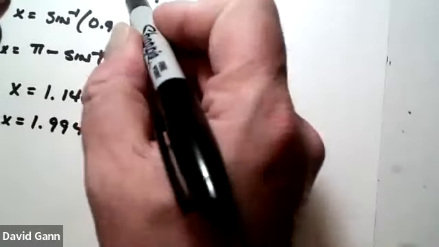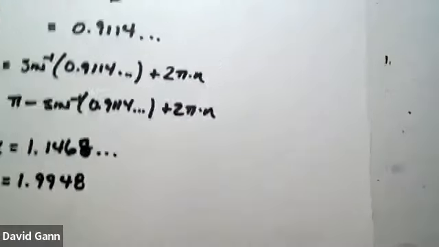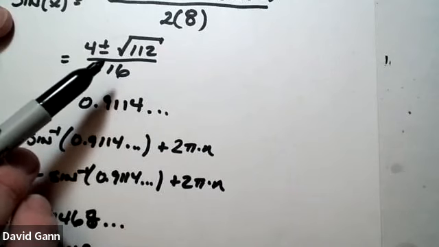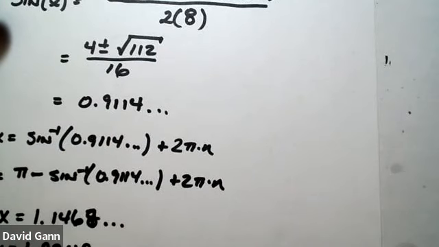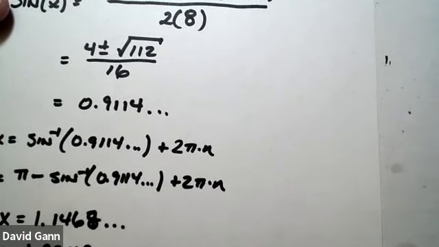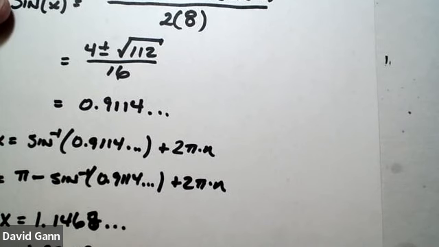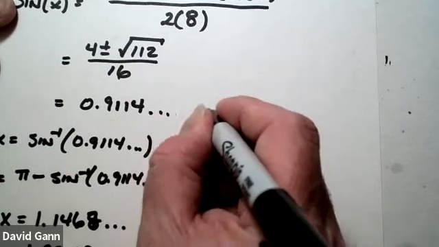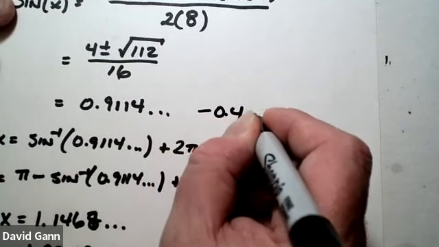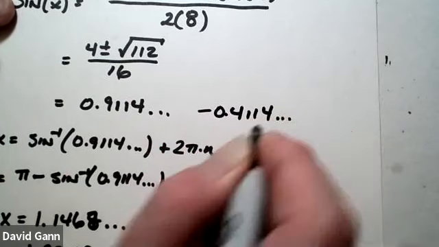Now, I also said there was another answer, and that's from the minus branch. So 4 minus the square root of 112, divided by 16, is going to be negative 0.4114.